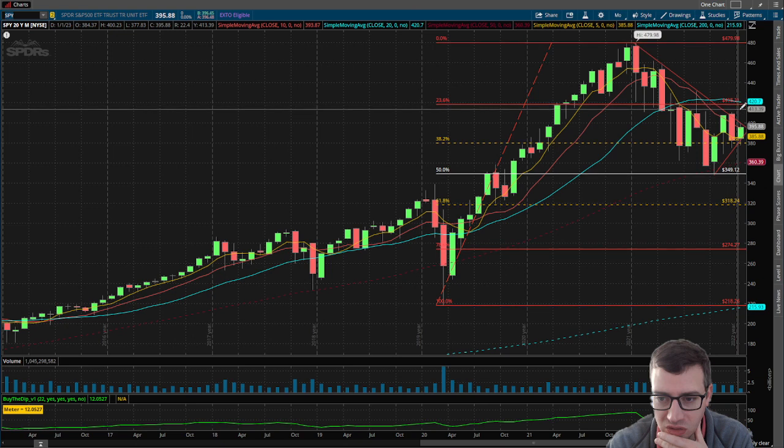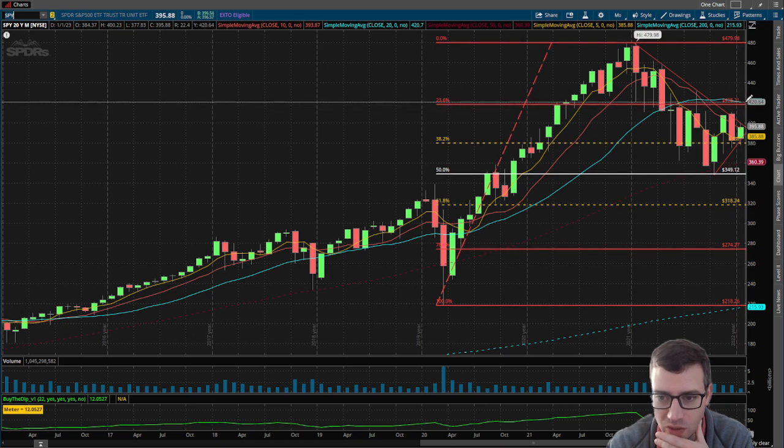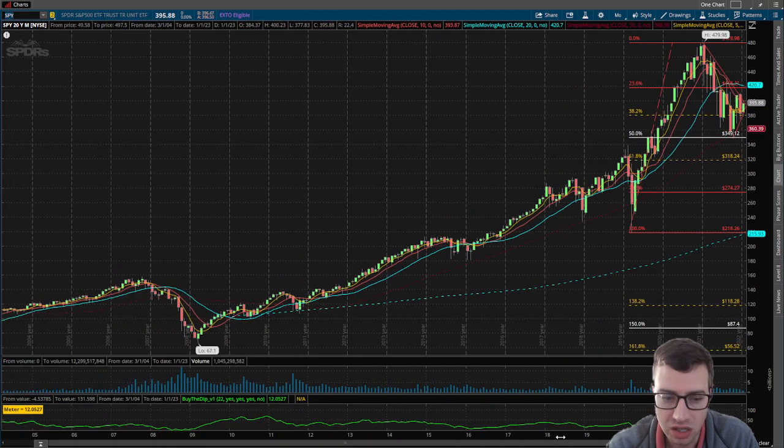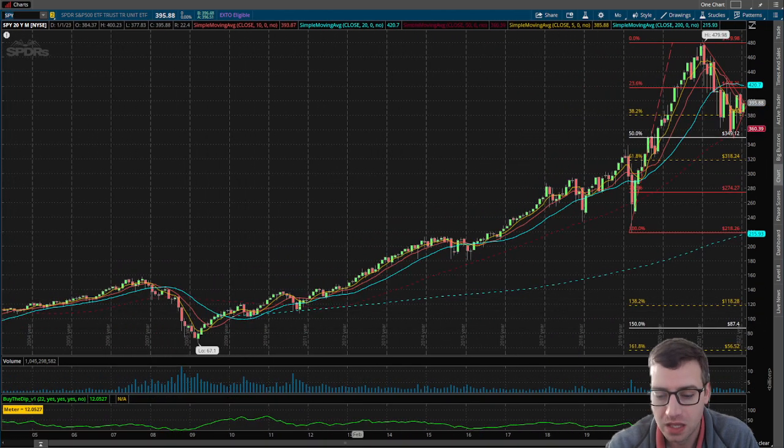This month is really going to matter a lot, because for the December candle, we saw the 20 period moving average pointing down, again for the first time in a long, long time.